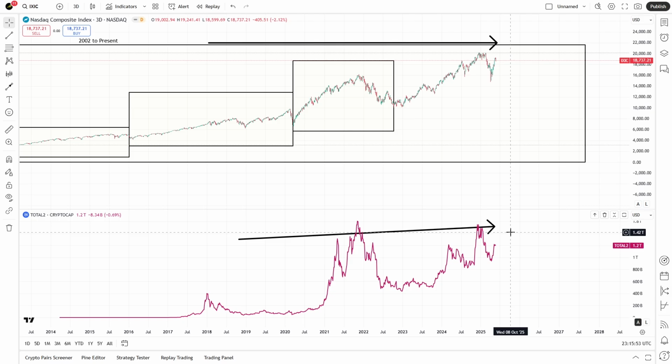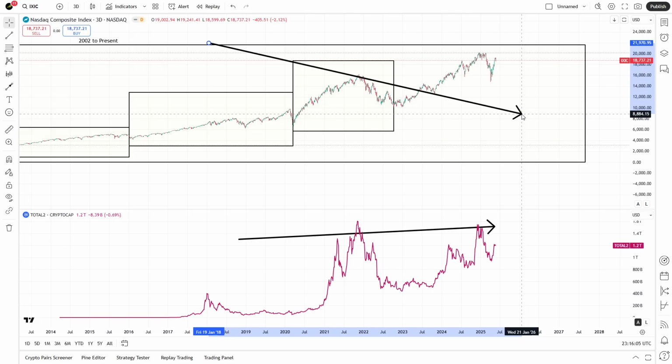Now it's in sync with the peaks of these boxes and with the peak of the overall macro structure for the NASDAQ. What we're going into, after this peak, is going to be a substantial crash.